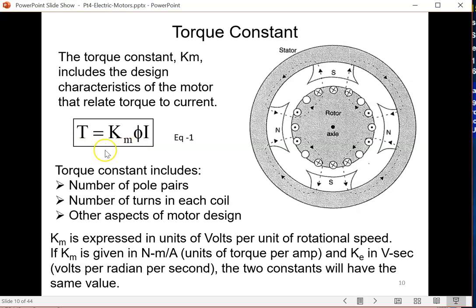Okay, so in this formula, the torque is equal to Km, which is a torque constant, times the magnetic field times current. So obviously, you can adjust the magnetic field to control the torque up to a limit, because above a certain value it's going to saturate.